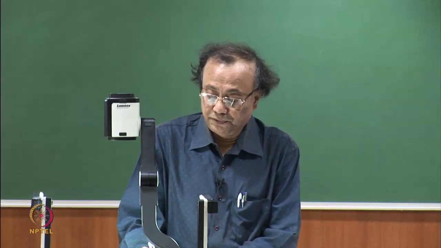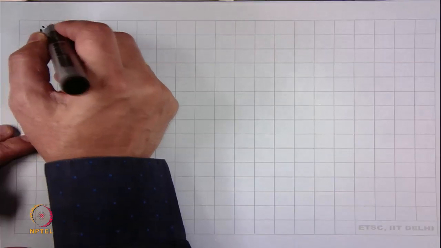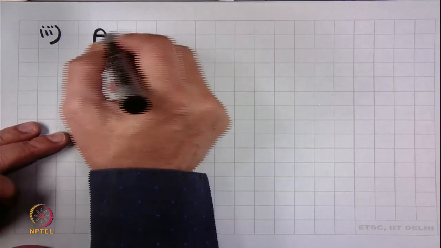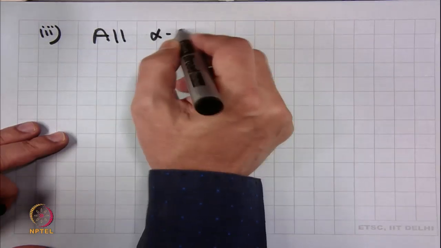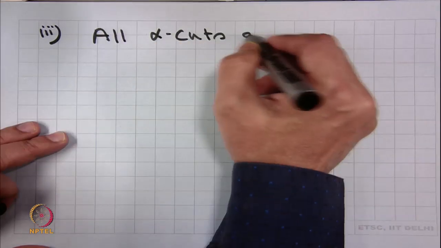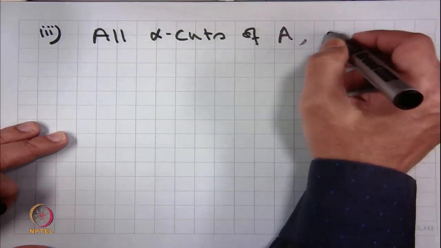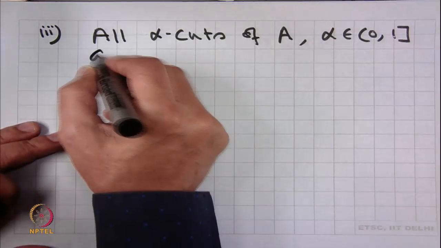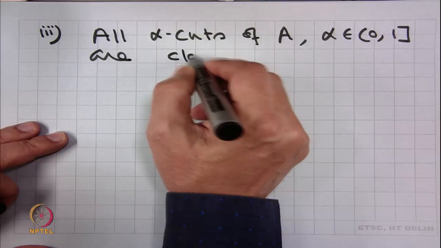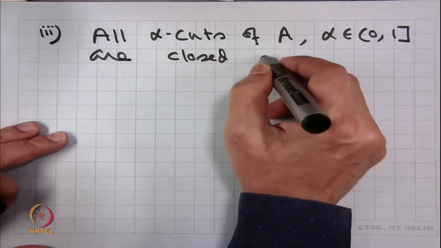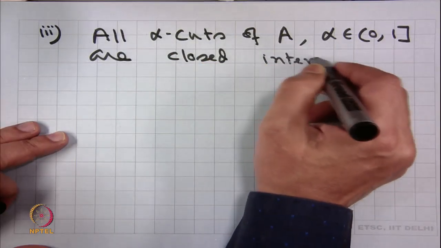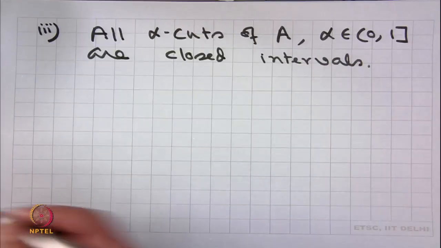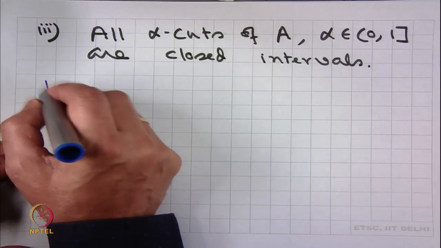Now, we need to prove the property 3, that is all alpha cuts of A, alpha belonging to 0 1, are closed intervals. We prove it in the following way.